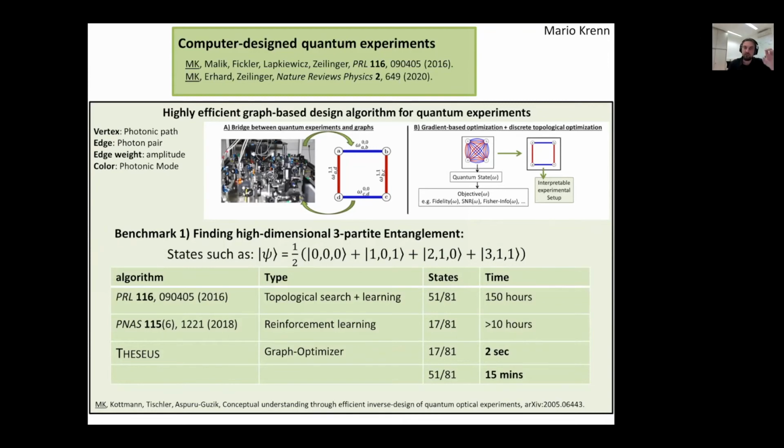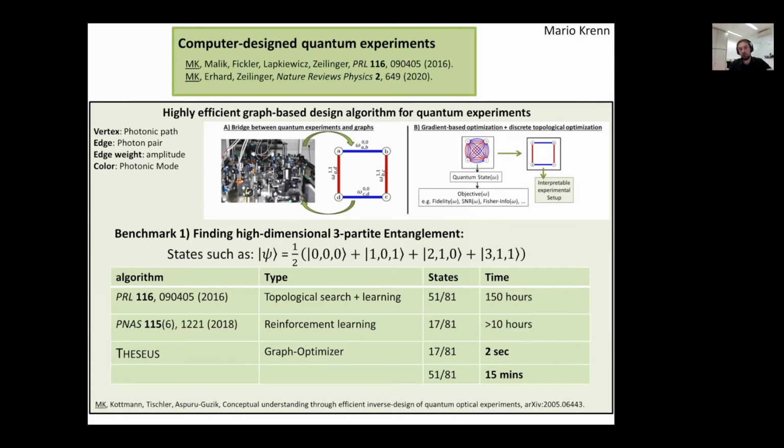So the algorithm that I explained to you in the very beginning was able to find roughly 51 of the 81 solutions in roughly 150 hours. An extension that was a collaboration with the group of Hans Briegel was a reinforcement learning algorithm. It found roughly 17 of the solutions in 10 hours.